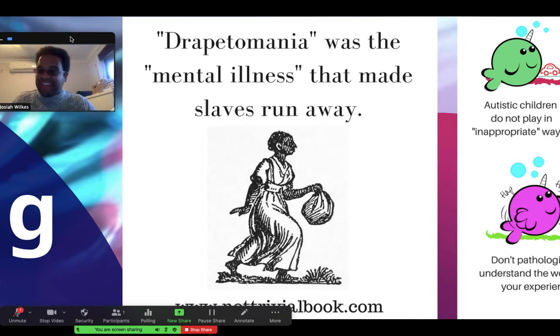And so to defend this kind of racist thinking, some people decided and felt that slaves running away was actually a mental illness. It wasn't at all that they didn't want to be a slave and that it was a social injustice. They thought, no, these people are unwell because that's not normal for a slave to want to run away. They have drapetomania. We need to start diagnosing them and giving them support so they can get over this running slave syndrome.